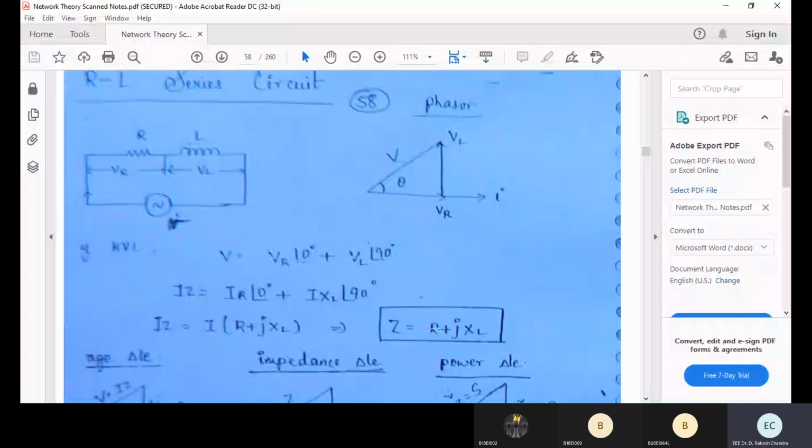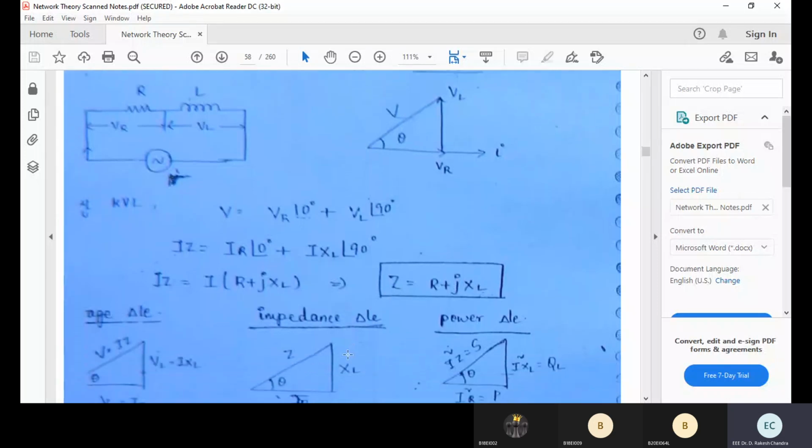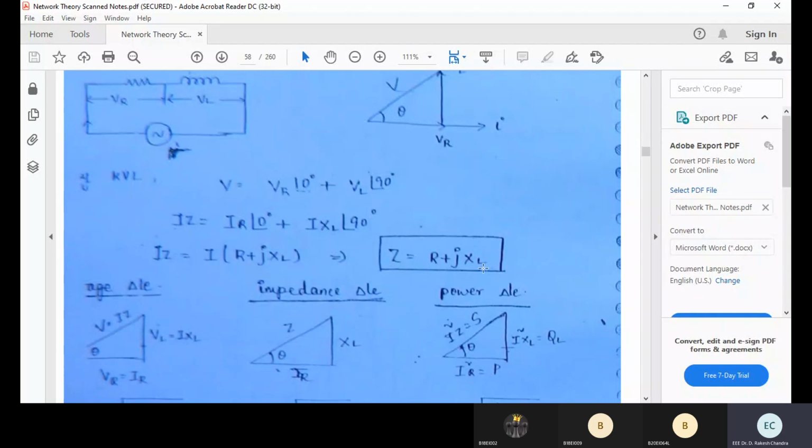Your Z is known to be impedance. Your Z is equal to R plus JXL, where R is the resistance and XL is the reactance.